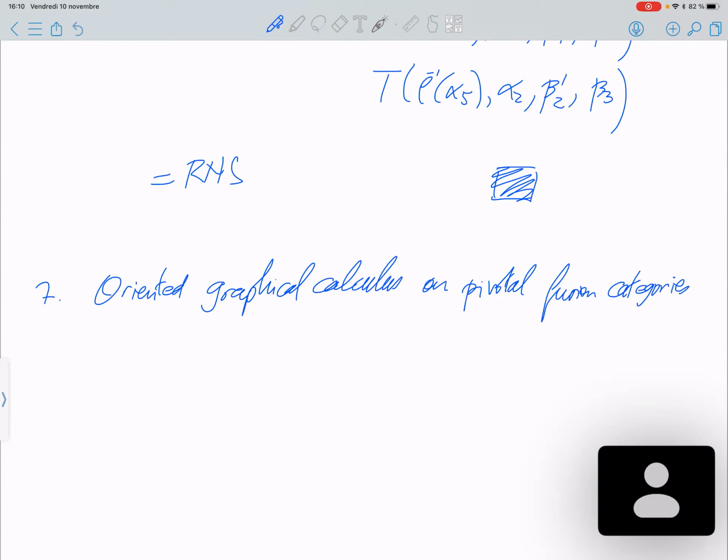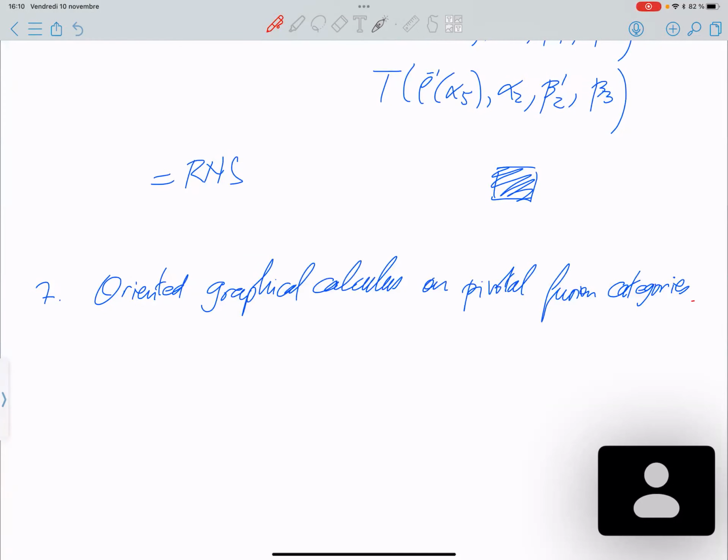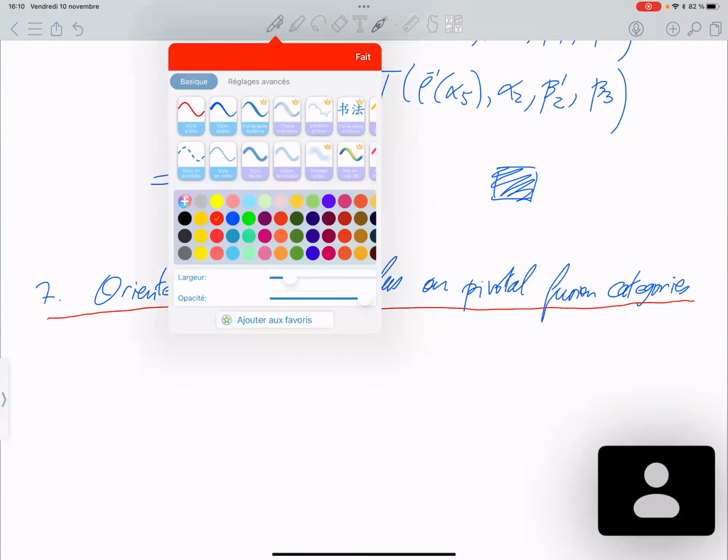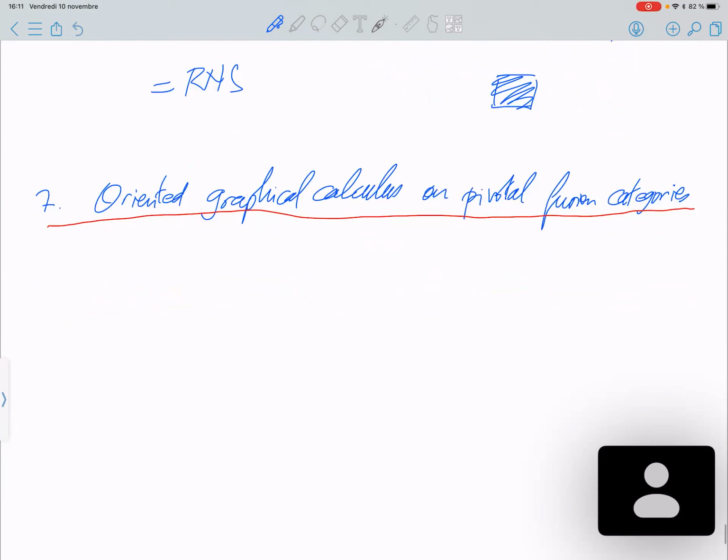And then in the next section we will move to spherical, and we will be able to consider the usual form of a tetrahedron in the framework of a monoidal category, a fusion category.